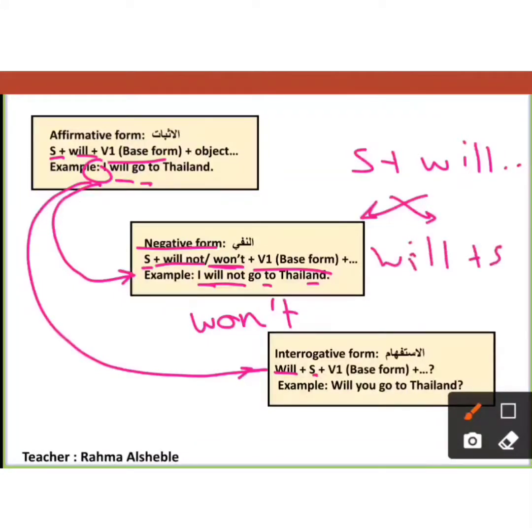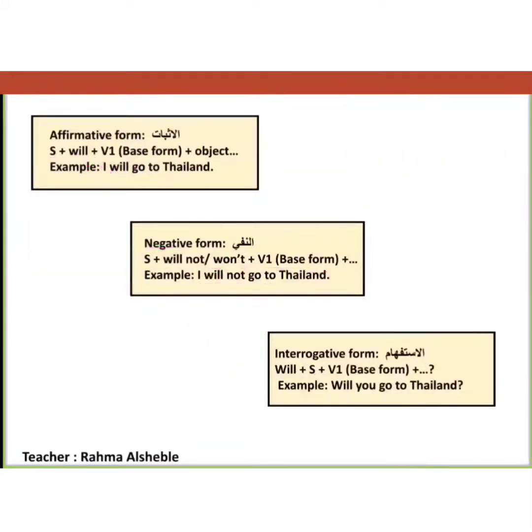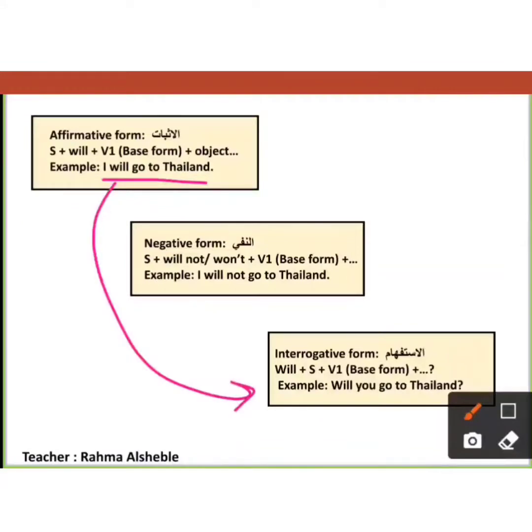Okay. So let's look at I will travel to Thailand. Let's change it into question. Start with will. Will I. In the question, the I in the sentence changes to you. Will you go to Thailand? So we still have go, the infinitive verb.